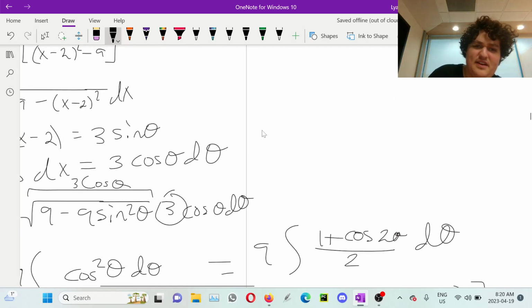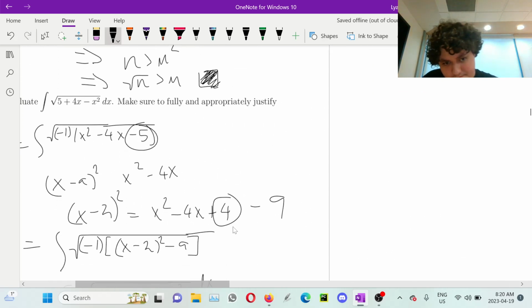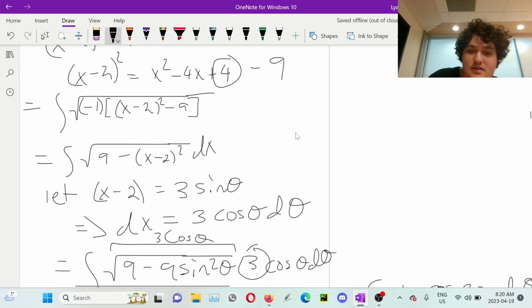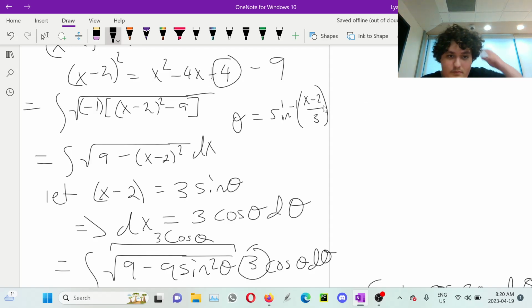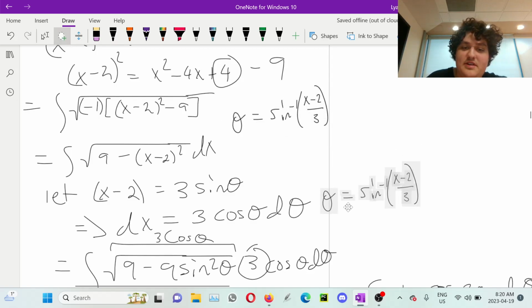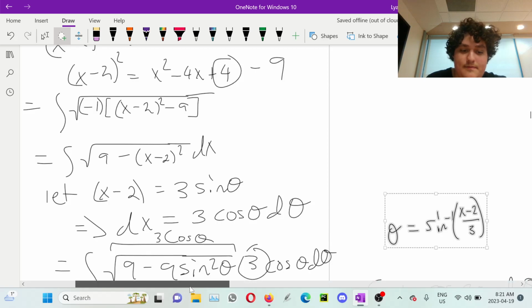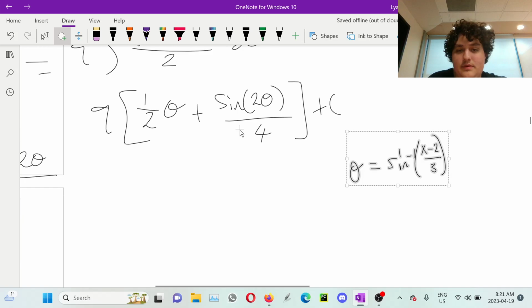Now remember what theta was. Back when we defined it, we have theta equals sine inverse of x minus 2 over 3. Right? So, okay, I'm not going to remember this. Let's bring it with us. Okay.